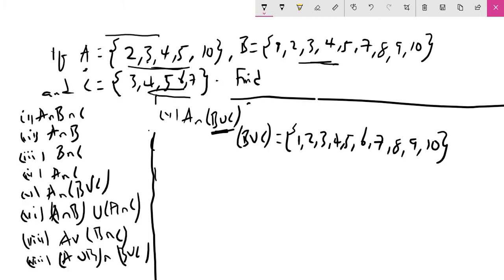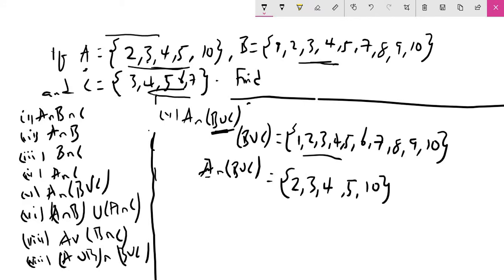So this is set B union C. Now we find the set A intersection B union C. Basically, what is common between set A and set B union C, which is this whole entire set. So this gives 2 is there, 3, so it's 4, 5, and 10. And that's it.